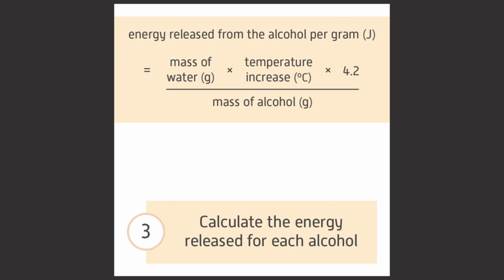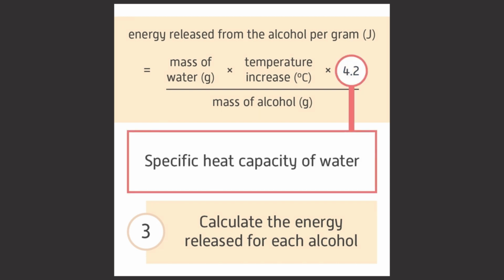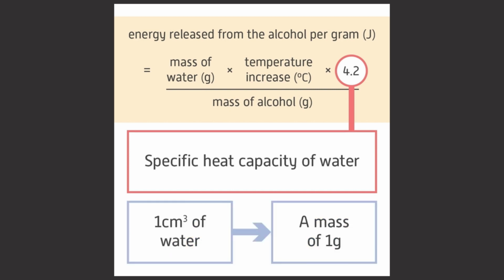Energy released from the alcohol per gram in joules equals the mass of water in grams multiplied by the temperature increase in degrees Celsius multiplied by 4.2. This is all divided by the mass of alcohol in grams. 4.2 is the specific heat capacity of water. Remember that 1 cubic centimetre of water has a mass of 1 gram.